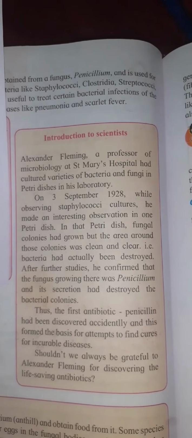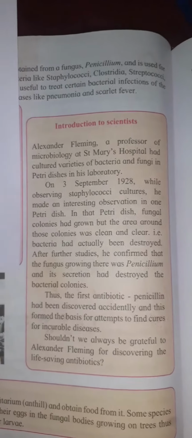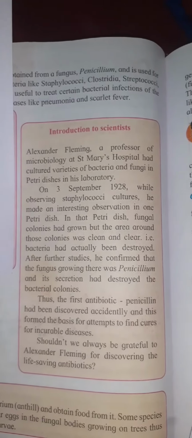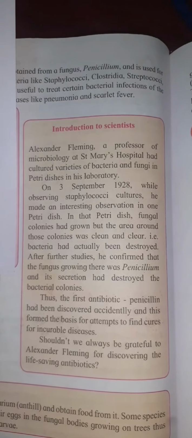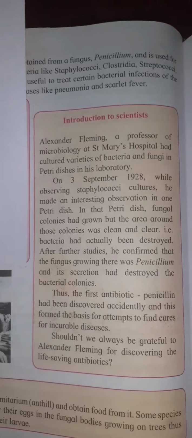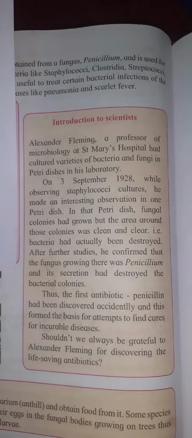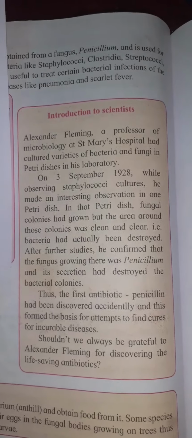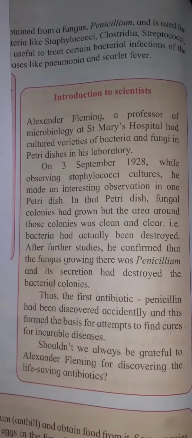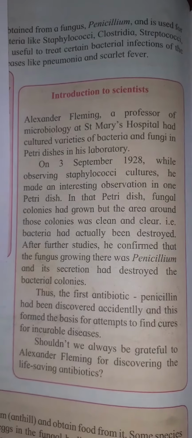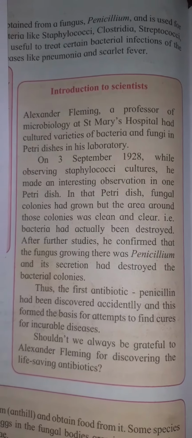Here is, in short, the story of Dr. Alexander Fleming's finding about penicillin. Dr. Alexander Fleming was a professor of microbiology, and he was doing a lot of study on bacteria, fungi, and different microorganisms.